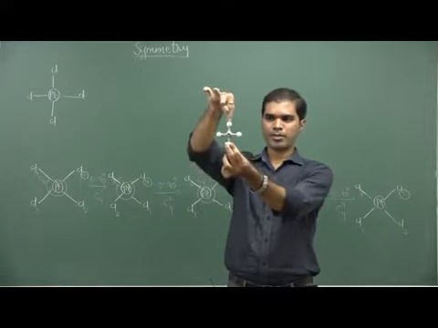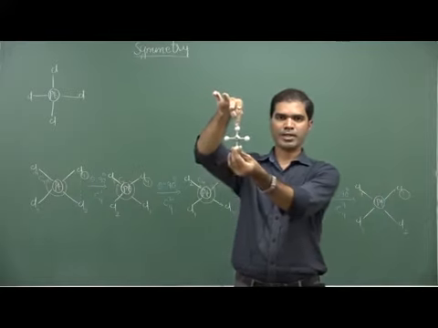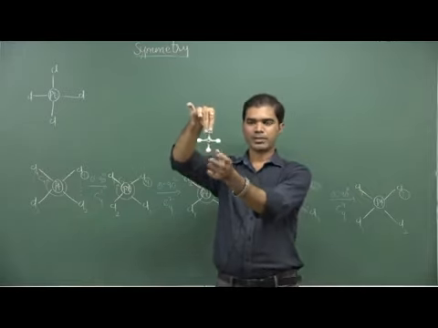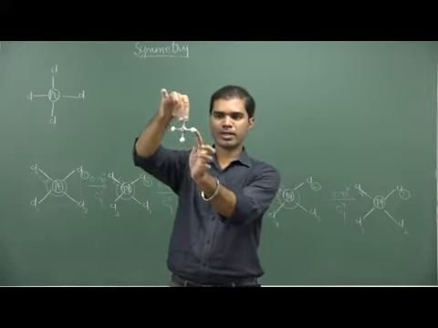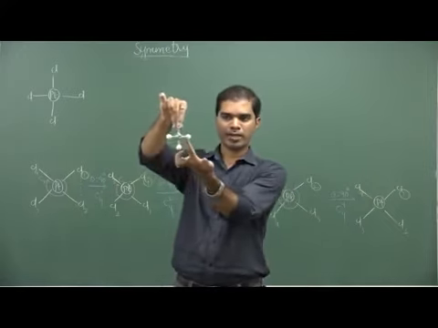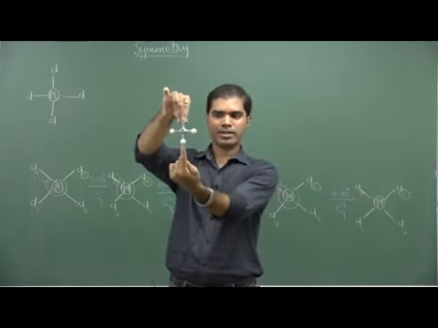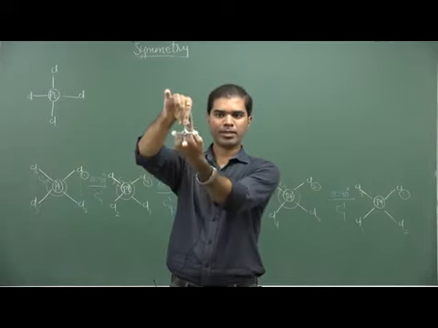Now from here if I rotate by 180, I am getting an equivalent structure. Rotating twice, I get an identical structure. So if this is my reference, which is towards your right hand side, I rotate by 180 moving towards your left hand side, rotate by another 180, I am getting it towards your right hand side. So there is a C2 rotational axis passing through chlorine, platinum and chlorine.